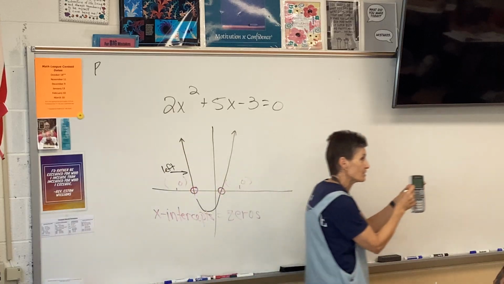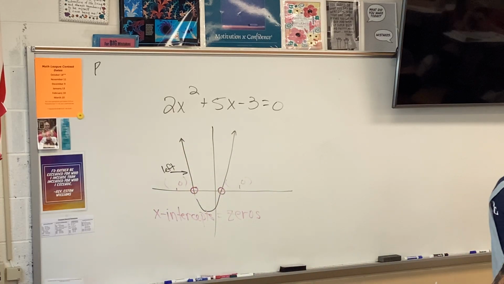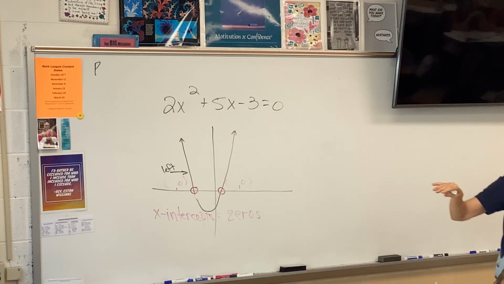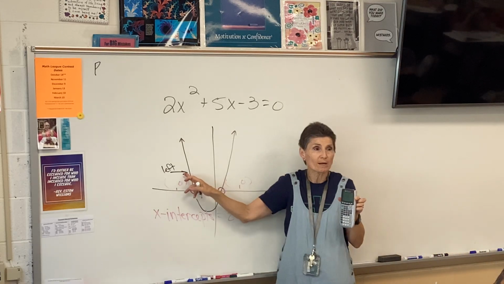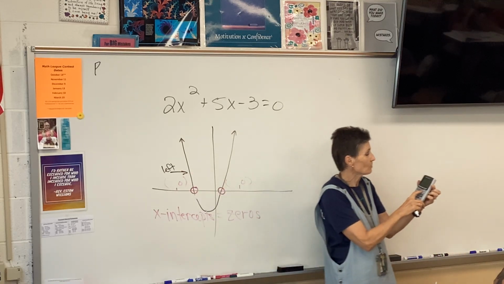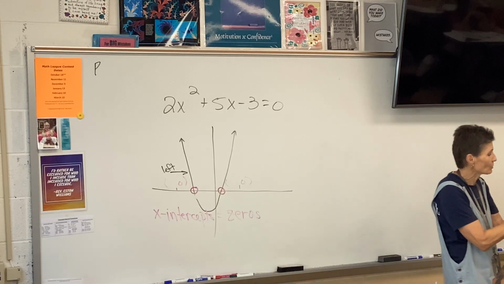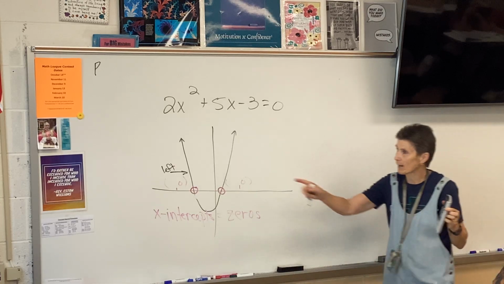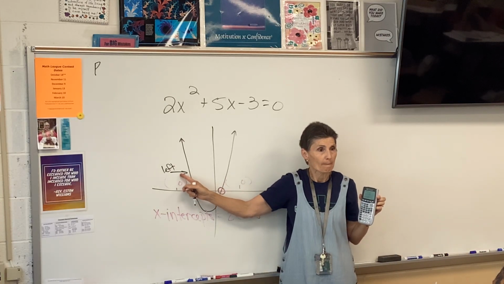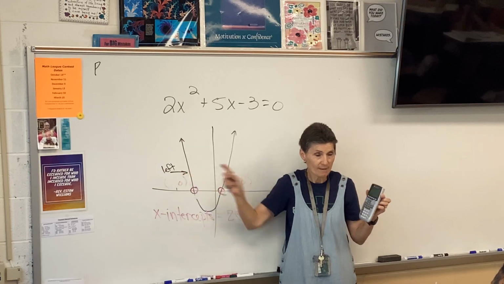See, the calculator says, what is your left bound? Move the cursor over there. There is no specific place, just get it over there to the left. So I'm gonna move mine right over here. I use my left and right arrow buttons, I move my cursor till it's like right here. Okay, and then I press enter.